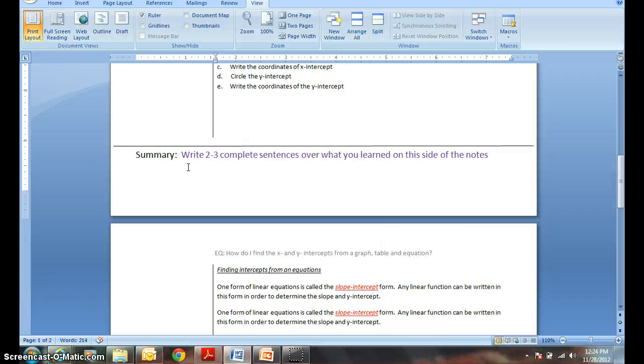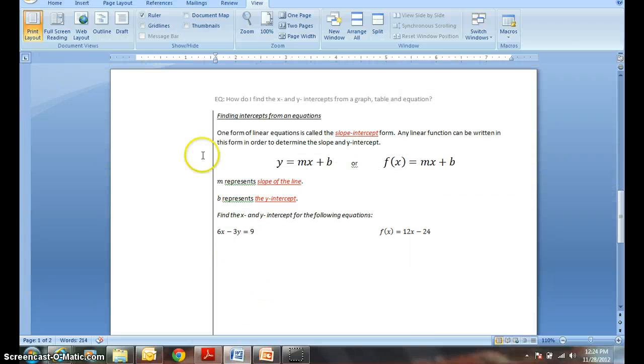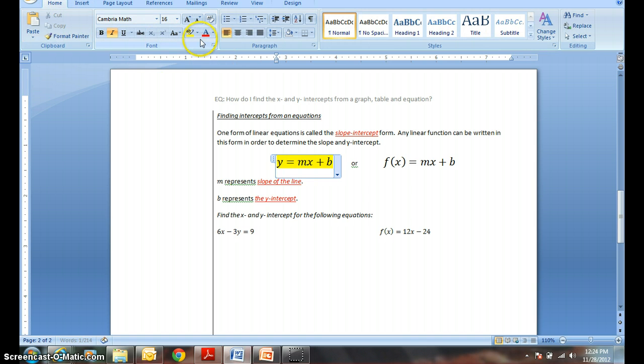Okay, so now let's look at finding the intercepts from an equation. One form of the linear equation is called the slope-intercept form. Any linear function can be written in this form in order to determine the slope and the y-intercept. So this right here is called my slope-intercept form.